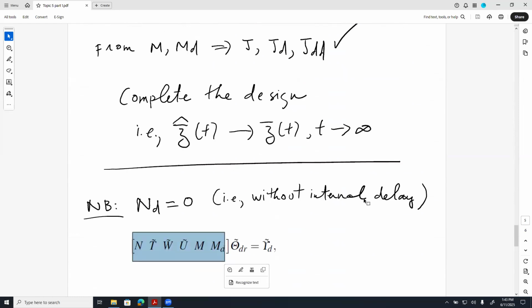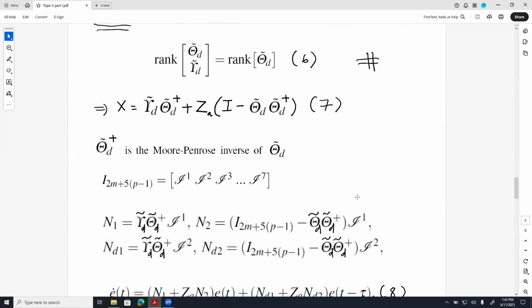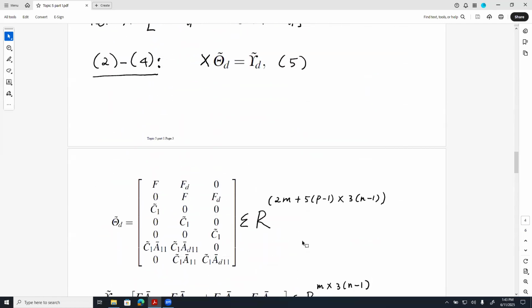And when ND equals zero, what really happened here is we basically remove this row from the matrix. So that means the matrix has fewer rows.